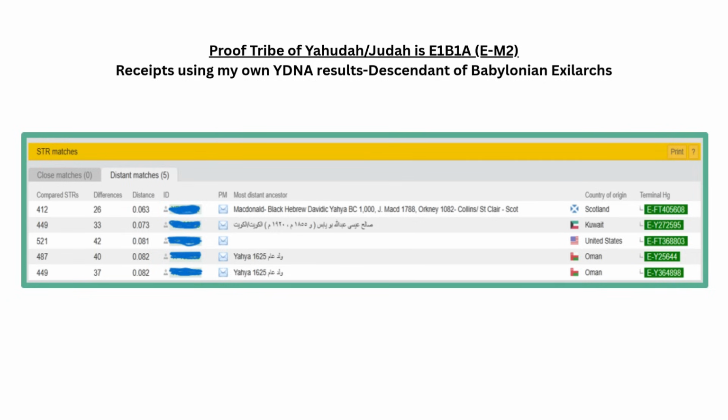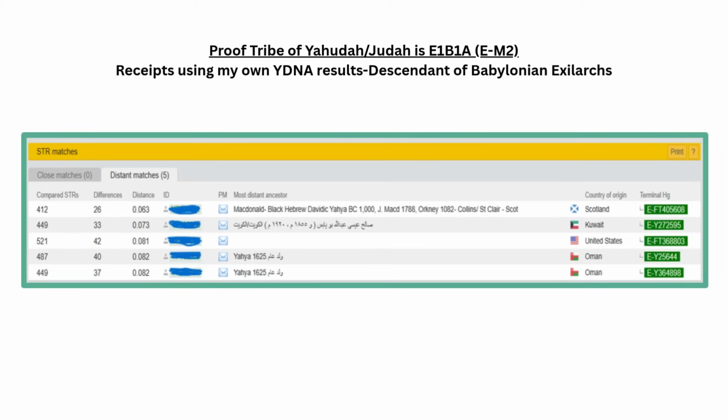Because it's a rare paternal line, and because there are no matches shown in Africa, we'd expect... I mean, most people with E1B1A today live on the African continent, by far. I'd say at least 80%, probably 85% of people today with the E1B1A haplogroup still live on the African continent, mostly West Africa.